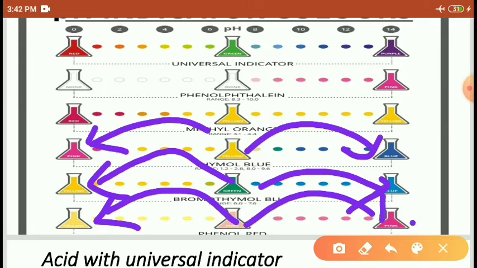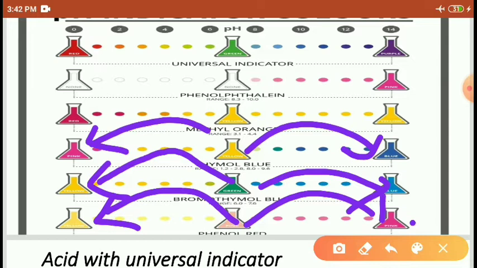So different indicators react with acid and give different colors. Why do they give different colors? Because indicators are made up from different dyes. Different dyes mean different color mixtures. When these color mixtures react with hydrogen ions in the acid, they give different colors.